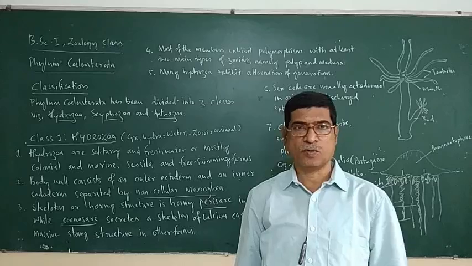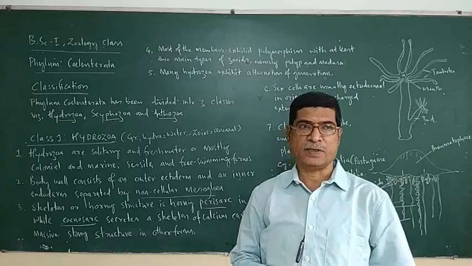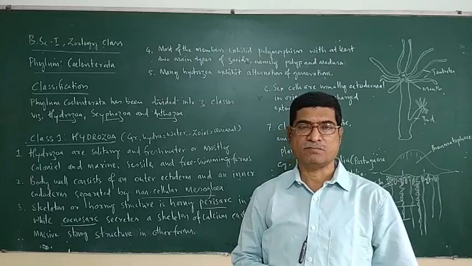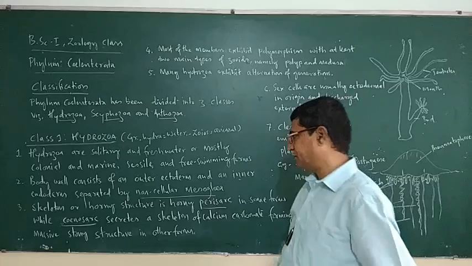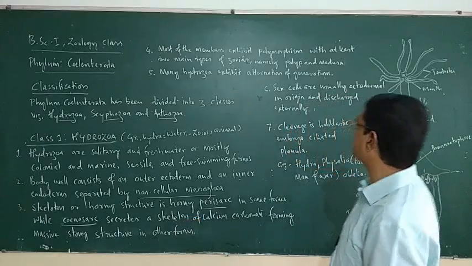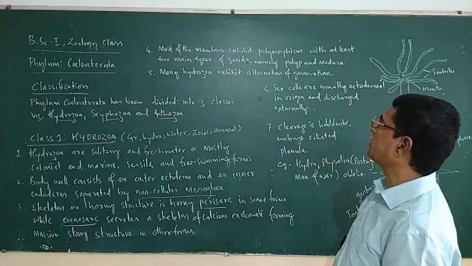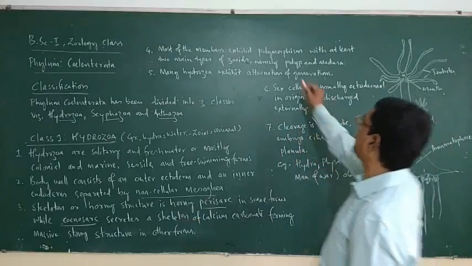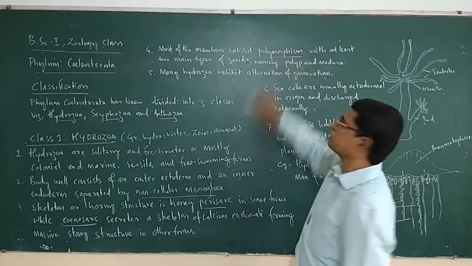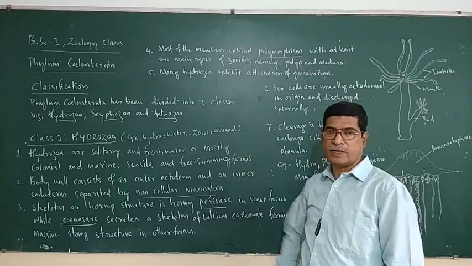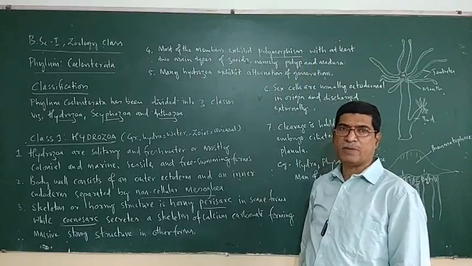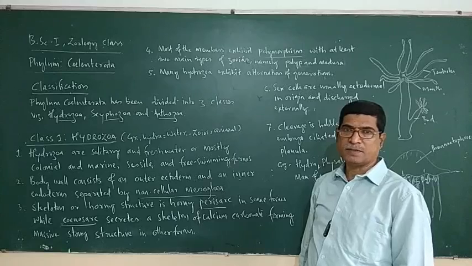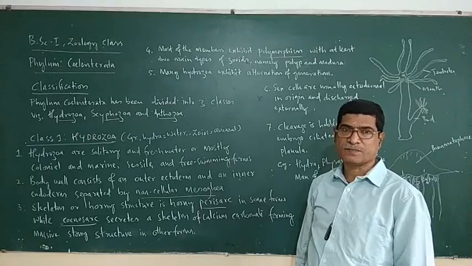Corals have skeleton structure made up of calcium carbonate, a stony structure in other forms. Next, most of the members exhibit polymorphism. I told you already. Polymorphism: poly means many, morphism, forms.